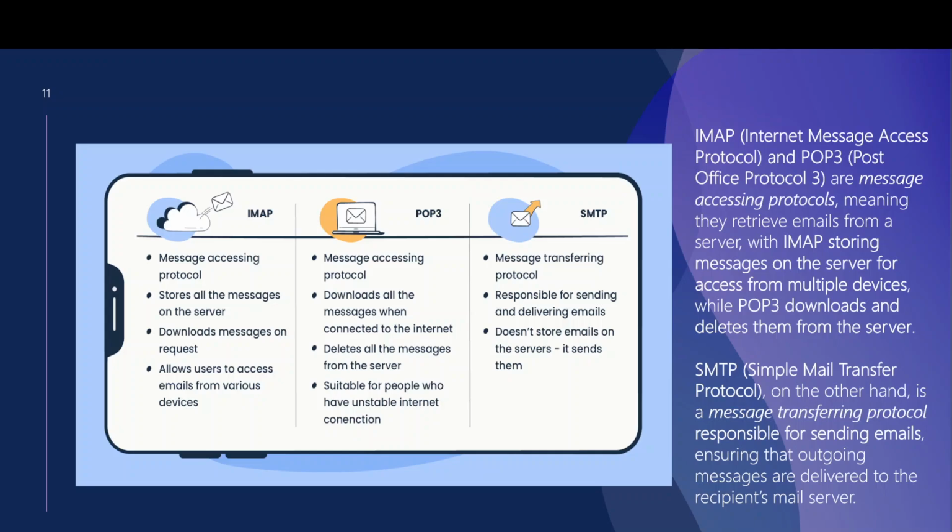IMAP and POP3 are message accessing protocols, meaning they retrieve emails from a server, with IMAP storing messages on the server itself for access from multiple devices, while POP3 actually downloads and deletes them from the server after use. On the other hand, SMTP, Simple Mail Transfer Protocol, is a message transferring protocol responsible for sending emails, ensuring that outgoing messages are delivered to the proper recipient's mail server.